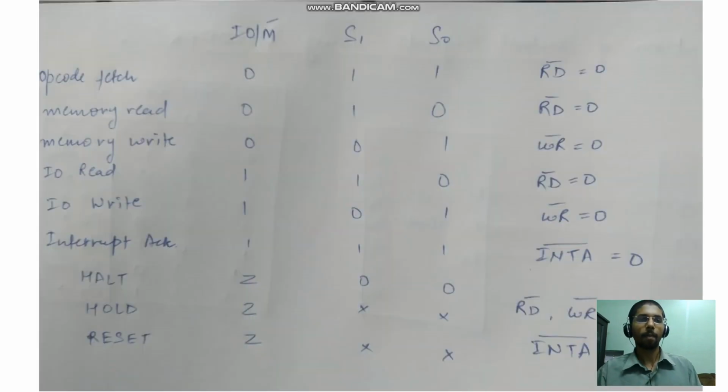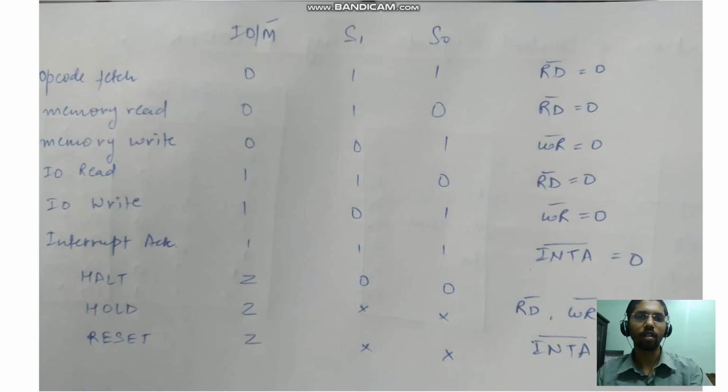You can see on the left side the operations we perform when we run a certain program: opcode fetch, memory read, memory write, input read, input write, interrupt acknowledgement, halt, hold. These are all kinds of operations that are run when we run a specific program.